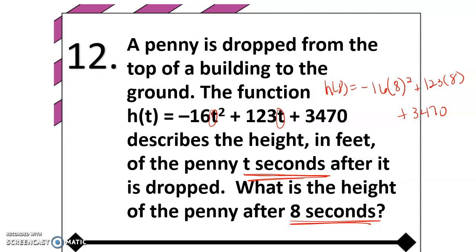Plus 123 parentheses 8 plus 3,470. And you get 3,430 feet.